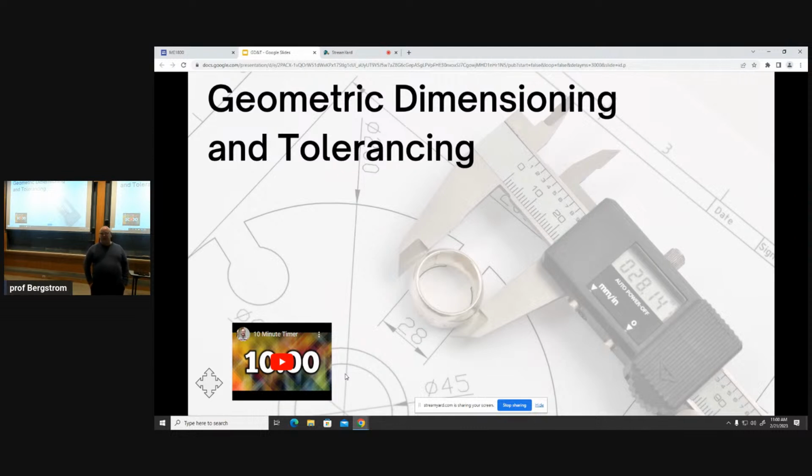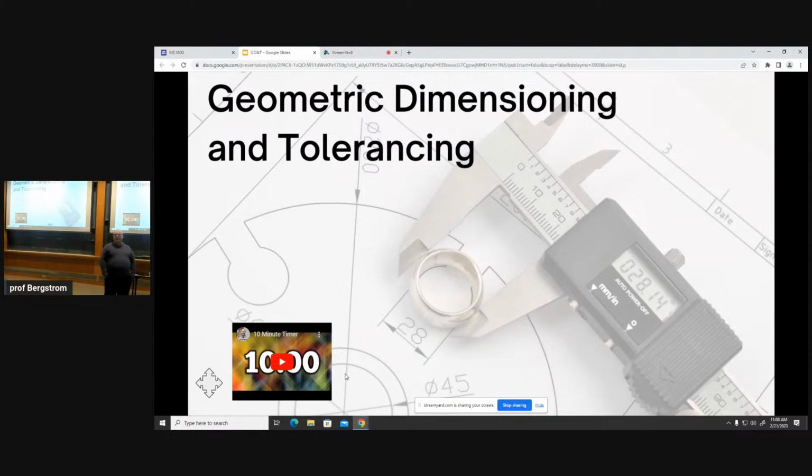It's on a lot of mechanical drawings. It's probably on every mechanical drawing at some level. So it's a system, right? Is it a system for tolerancing the parts?